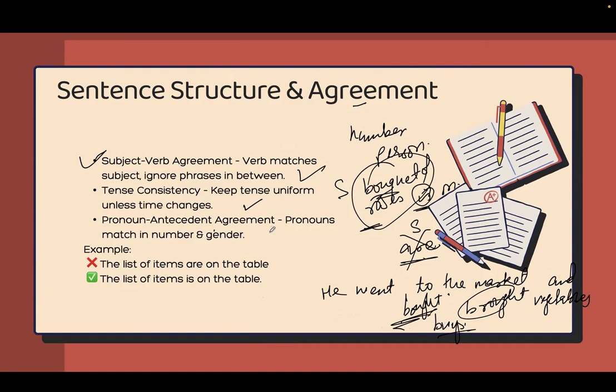Next we have pronoun antecedent agreement. Pronouns must match the number and gender. Pronouns should match the noun they replace in number and gender. For example, every student must submit his or her homework.